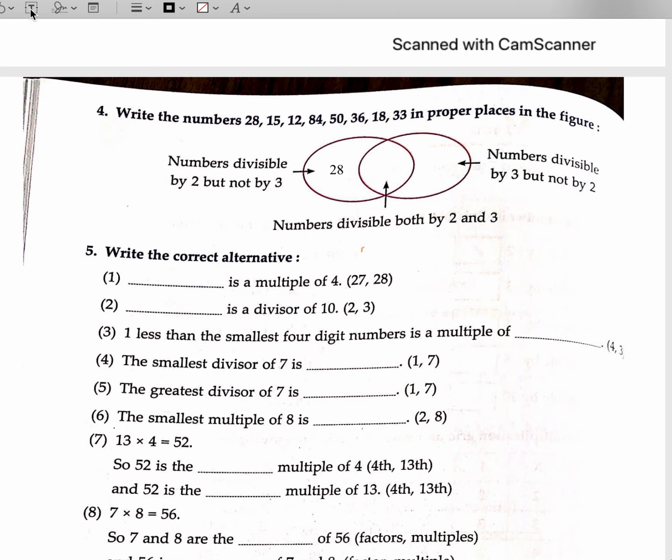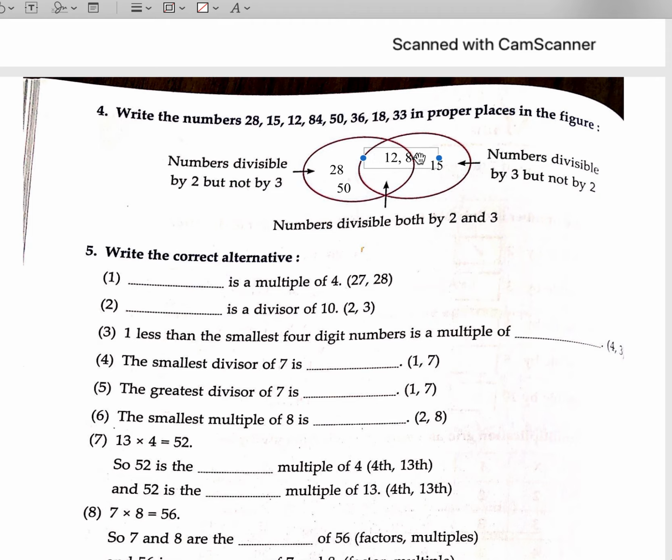Now 15. 15 is divisible by 3 but not by 2. Now 12 is divisible by both the numbers. So is 84. And 50 is divisible by 2 only. 36 is divisible by both.